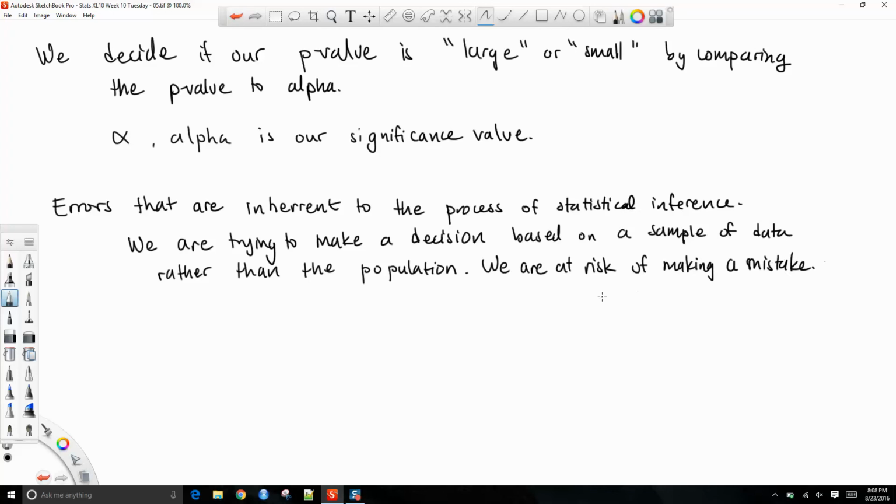And there are two kinds of mistakes we can make, and we creatively named them the type 1 error and the type 2 error.